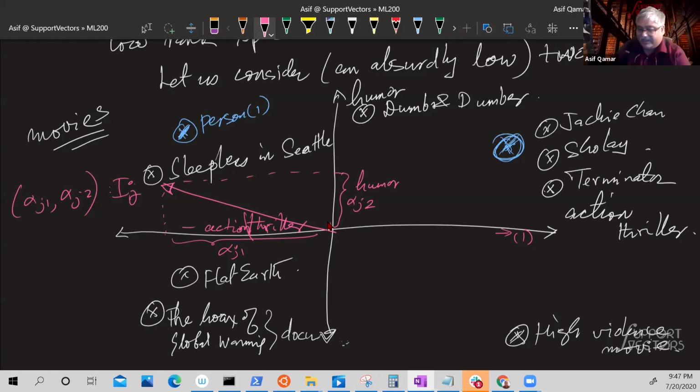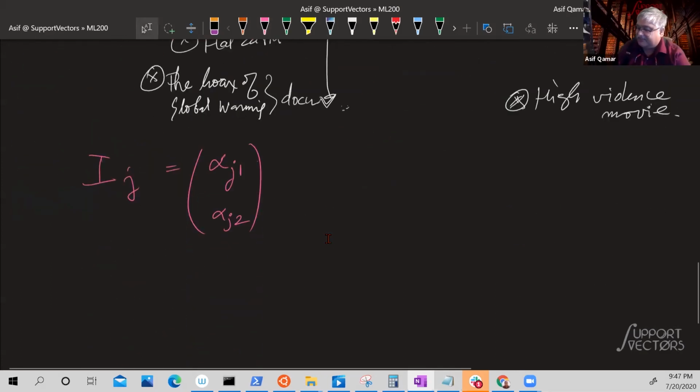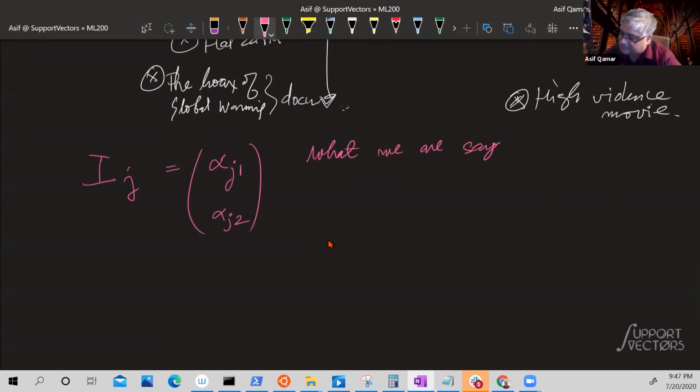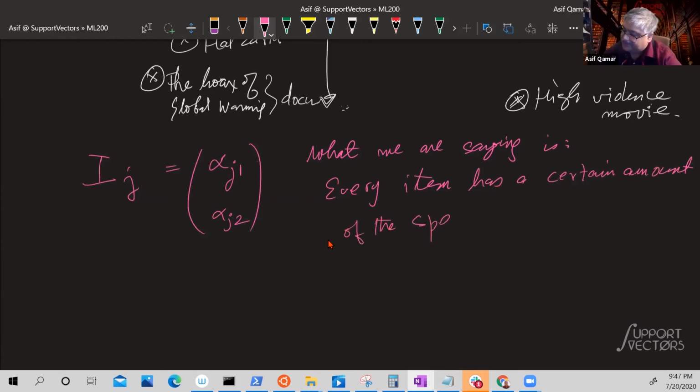So every point, therefore, we can say, what are we saying here? What we are saying is every item has a certain amount of the specified traits.